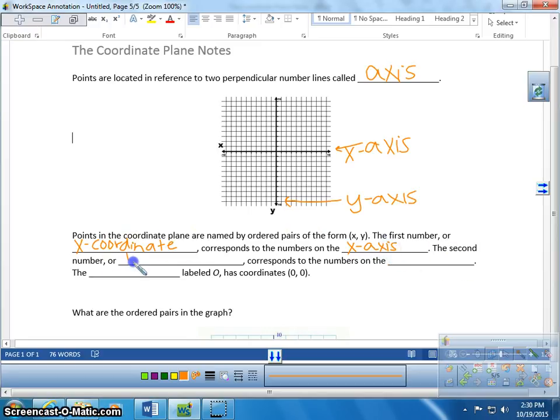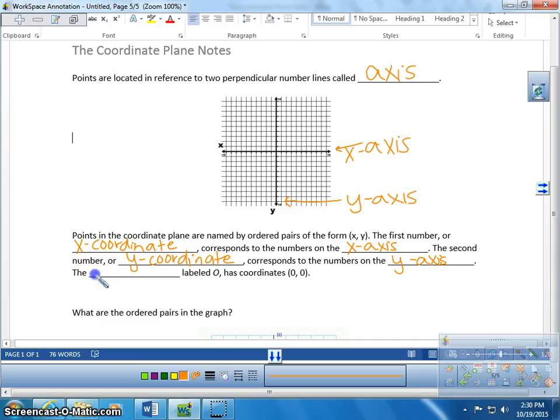The second number, or the y-coordinate, corresponds to the numbers on the y-axis. Okay, that's pretty self-explanatory. X-coordinate, x-axis, y-coordinate, y-axis.